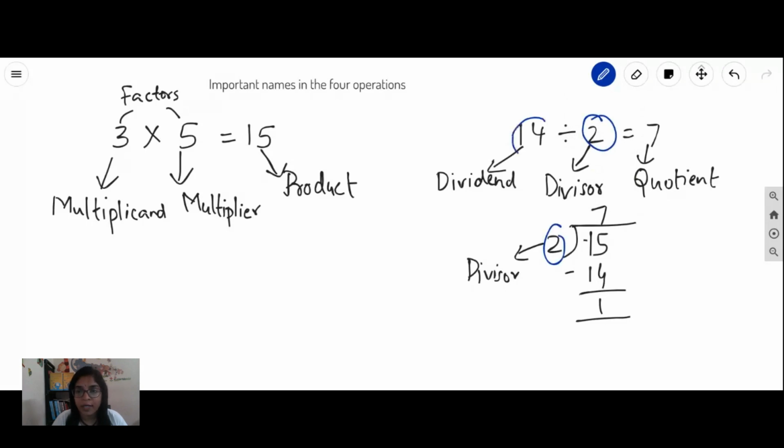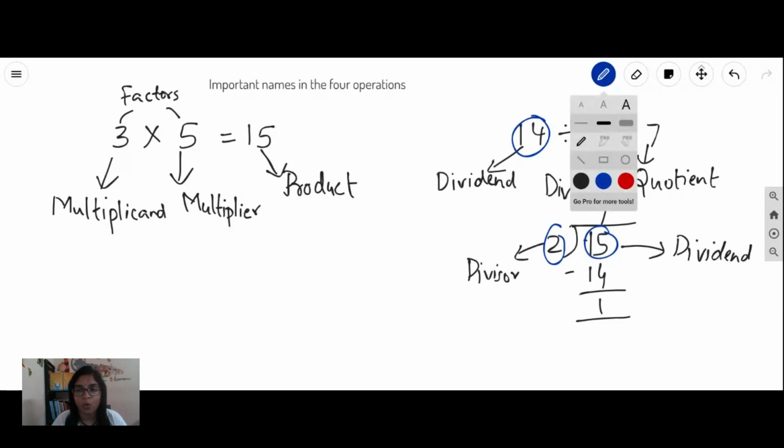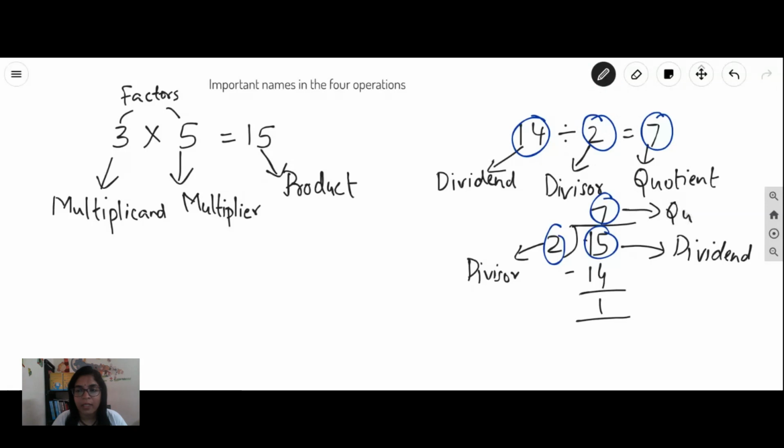Now instead of 14, we have made it 15, so now 15 is the dividend. Just like 14 divided by 2, we got 7 as the quotient, here also 7 is the quotient. But because the dividend has increased by 1, we're also getting a subtraction answer. This is called the remainder.